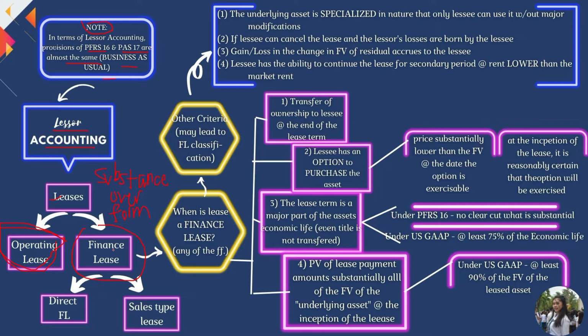So it is purchased in the form of installment payments from the lessee to the lessor. But don't worry, because I will discuss later what the criteria are for us to know that it is really a finance lease in general.